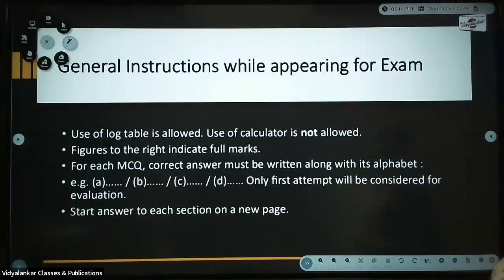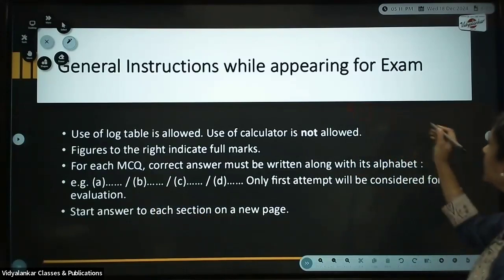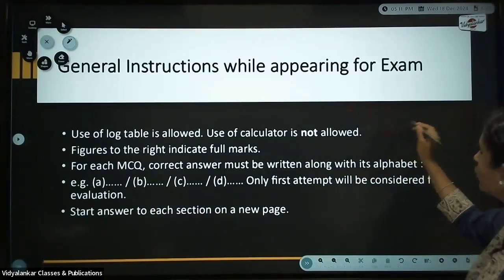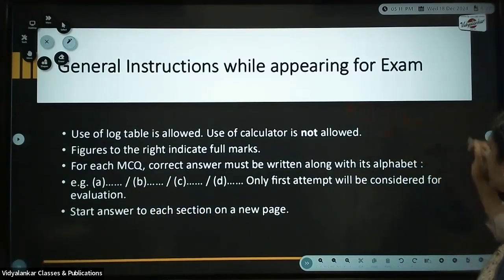If the expected answer is B, then you write the question number 1, then answer B, and whatever is the proper correct answer there in the given question paper, just copy it over. So this is the expected pattern.